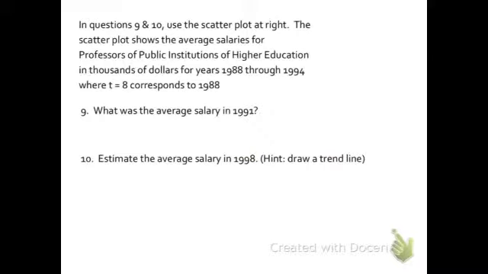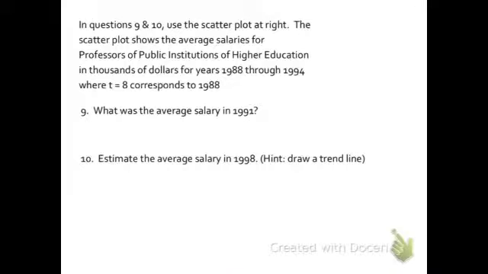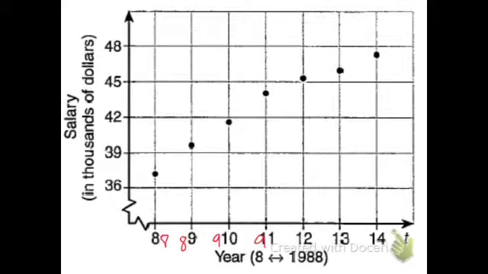Moving on to the next part, there's this scatter plot here, and we need to figure out the average salary in 1991. Well, this is 88, this is 89, this is 90, this is 91. And so if we're trying to look at 1991, we need to get a trend line going.